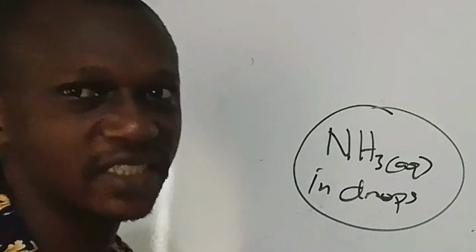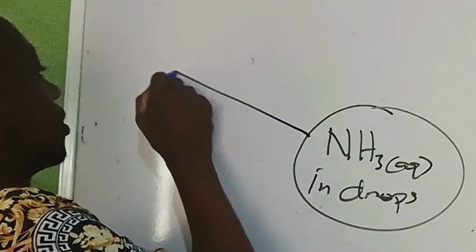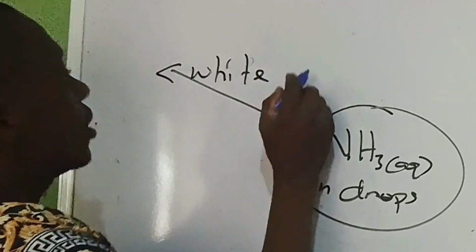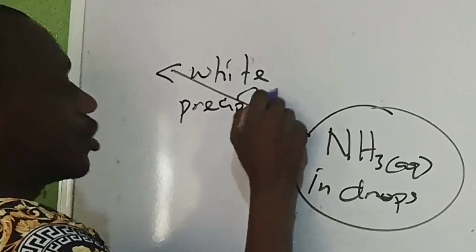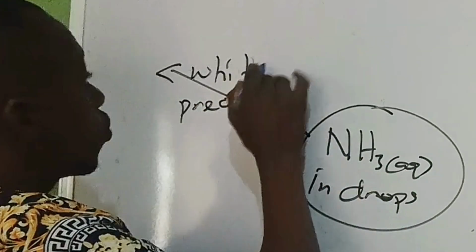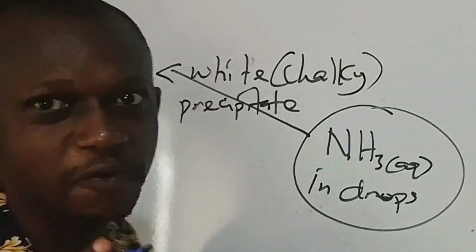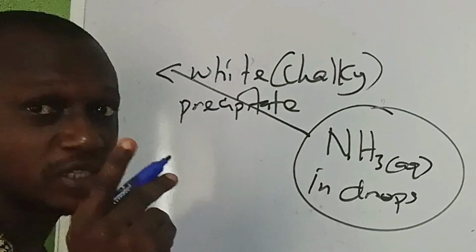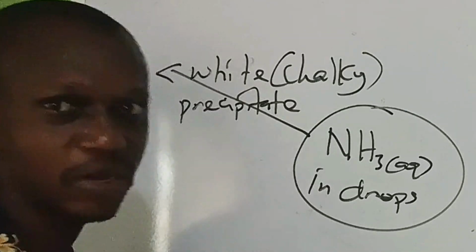If it gives you a white chalky precipitate, or better off, a white precipitate, it can be chalky or not chalky, but once it is white precipitate, what are you inferring? If it happens to be sodium hydroxide, there are two things that you have to check. You have to observe, and you have to say what you are inferring.